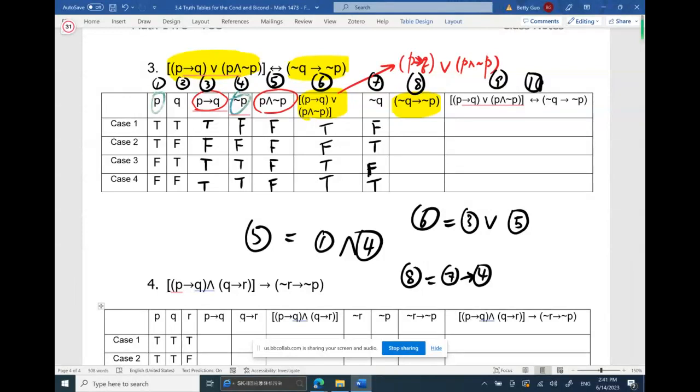Okay, so in order for 8 to be false, we need a 7. You can see this is a little bit awkward unless you have this written. Otherwise, it's not convenient. So look here. In order for 8 to be false, 7 needs to be true, but number 4 needs to be false. Do you see that?